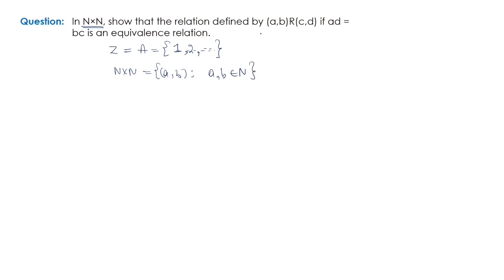Now on the set N cross N, my relation is defined as follows. If my set contains ordered pairs, the relation will also contain ordered pairs.